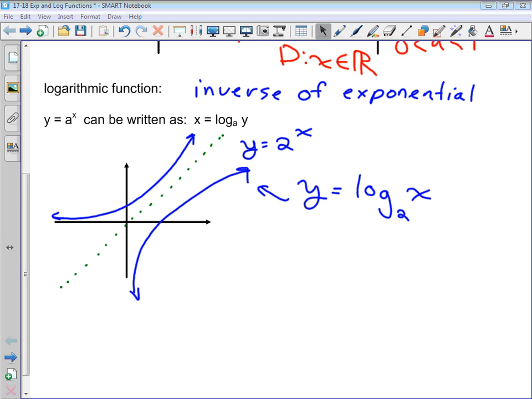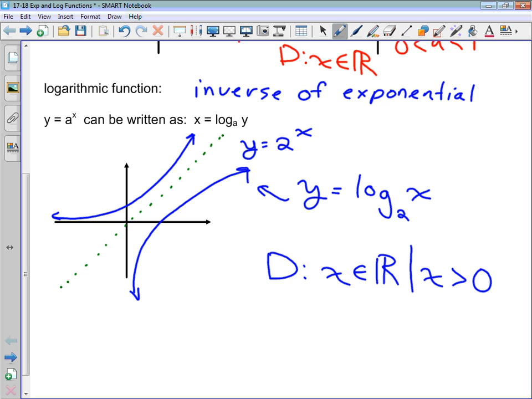Okay. The big thing that we want to realize at this point is what is the domain of a logarithmic function? This was the whole point of me drawing these graphs. Omar. Yeah. X is an element of real numbers. X must be greater than 0.